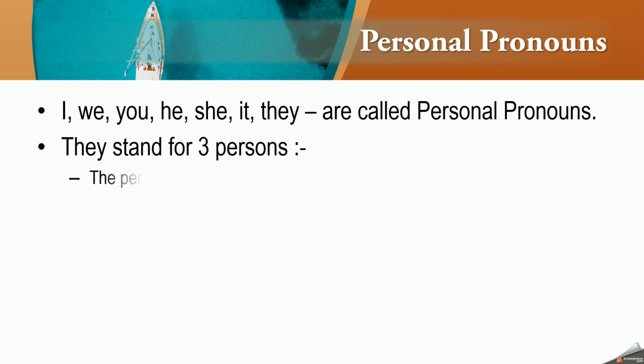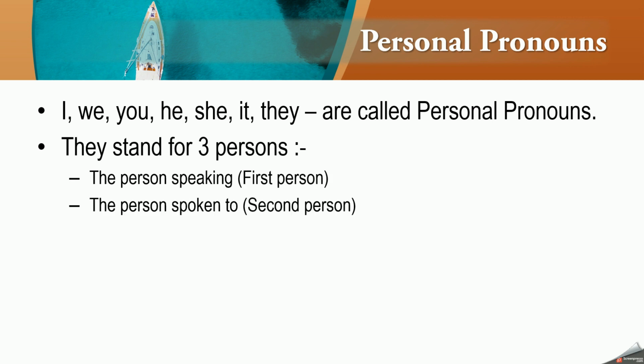They stand for three persons: first person, second person, third person. The first person is the person who is speaking, like I, we. Second person refers to you. Third person is the person about whom we are speaking: he, she, they, it.